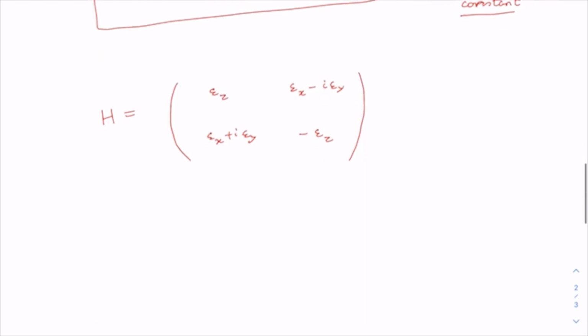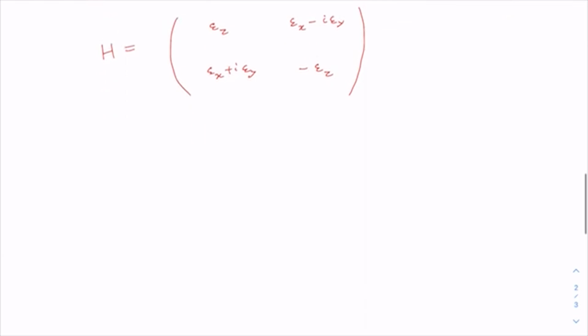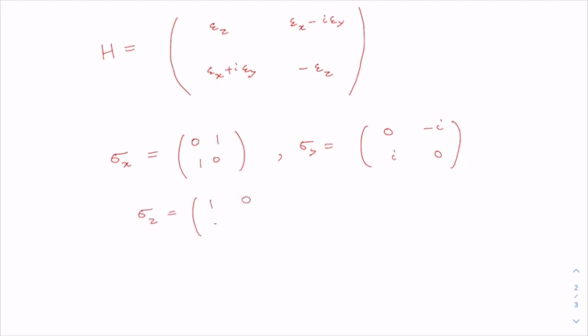We can express this in terms of the so-called Pauli matrices. You may know about these Pauli matrices. There are three Pauli matrices: sigma x, which is 0 1 1 0, sigma y, which is 0 minus i, i 0, and sigma z, that is 1 0 0 minus 1.